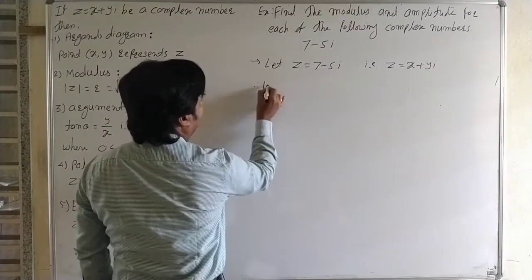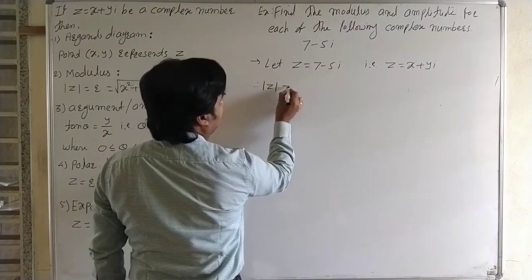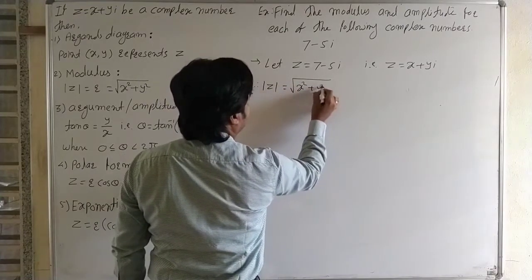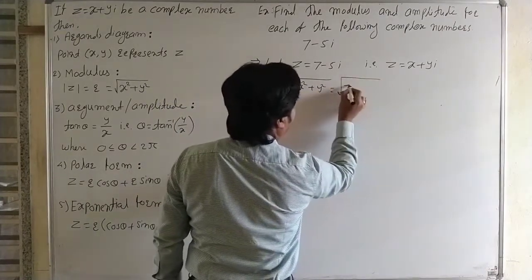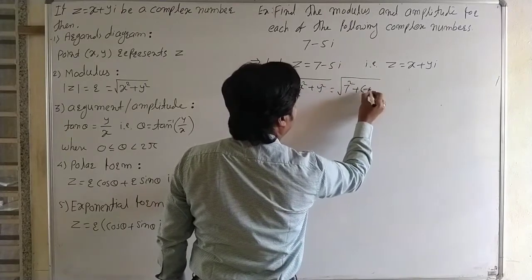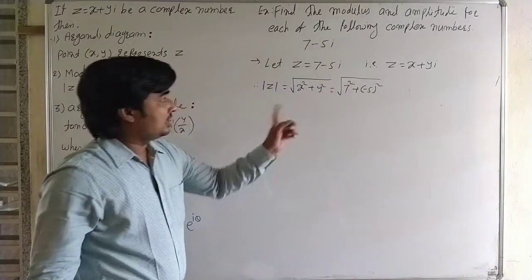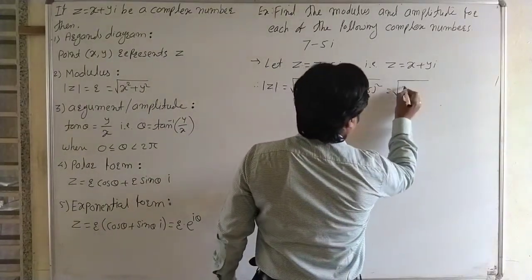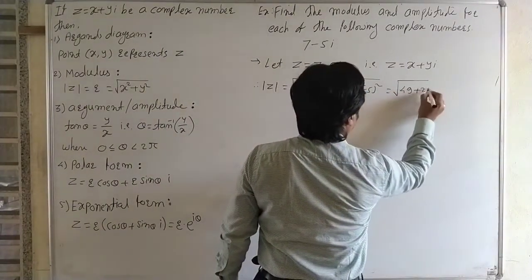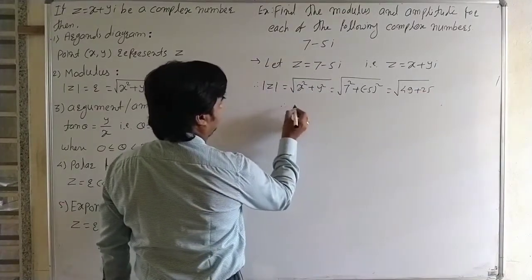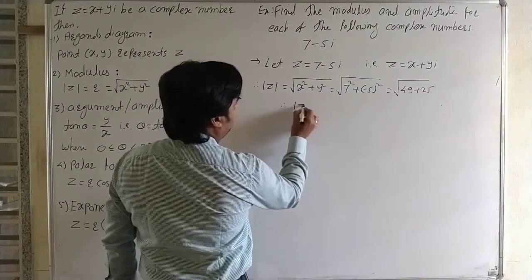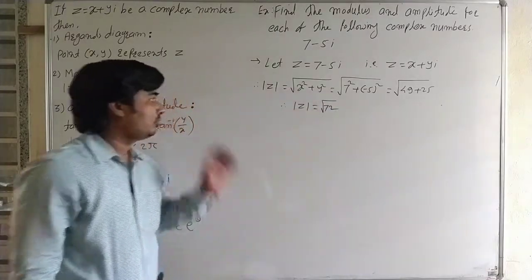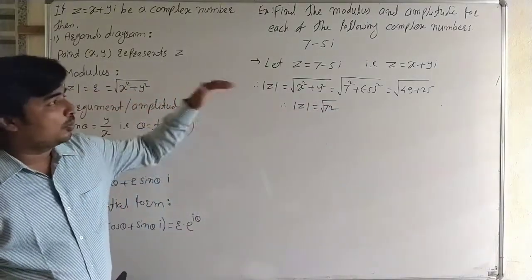Therefore modulus of z is under root of x square plus y square. It is under root of 7 square plus minus 5 square, under root 49 plus 25, and therefore modulus of z is equal to under root 74. It is the value of r, that is the modulus of the complex number.